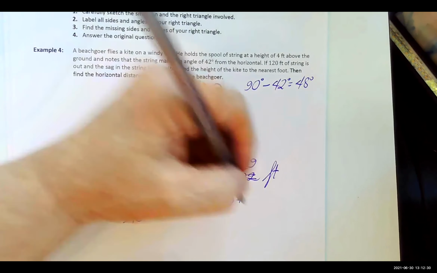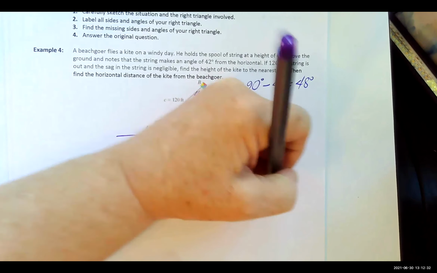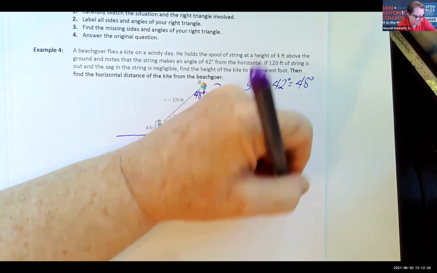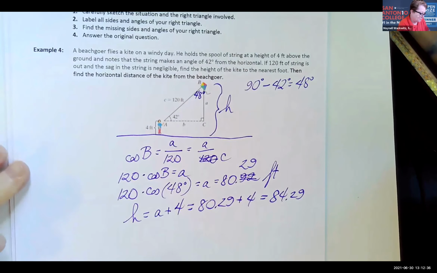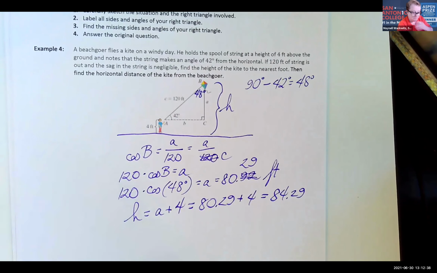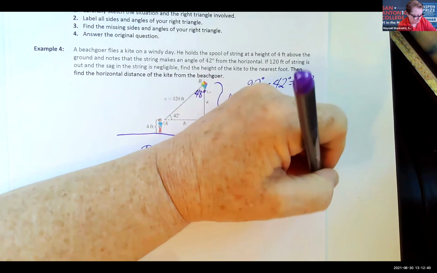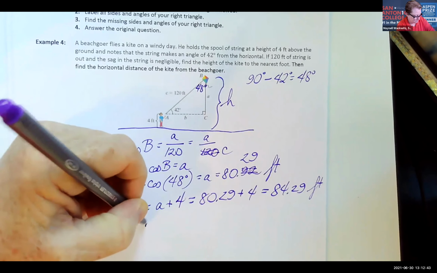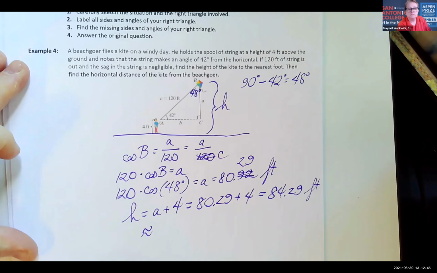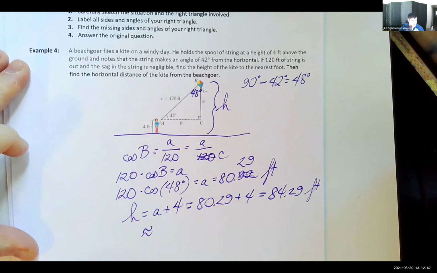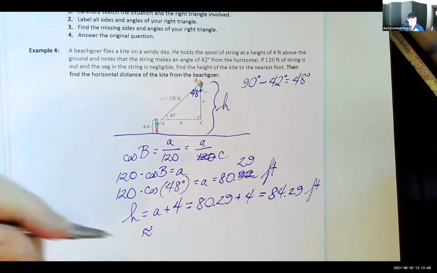Add 4. So we get 84.29. And how accurate do they want the answer? To the nearest foot, so it would just be 84 feet. Good.